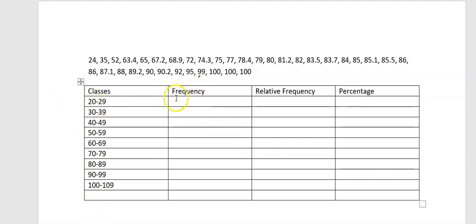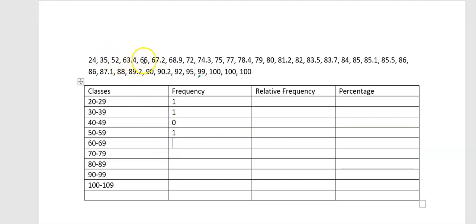All right, so frequency. We go and we count how many are in each class. There's only one in the 20s, so we'll put one here. There's only one in the 30s, so we'll put one here. There are none in the 40s, so the frequency is 0. There's one score in the 50s, so the frequency is 1.